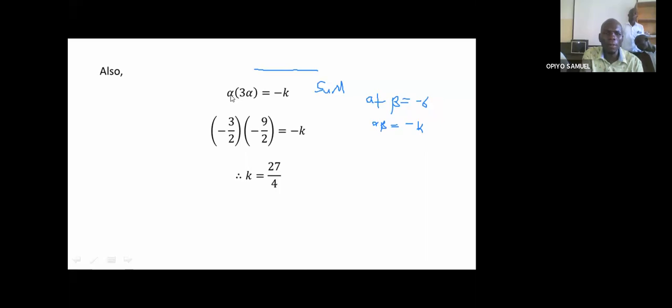We already know that alpha is negative 3 out of 2, and when we multiply by 3, we get this equals negative k. Solving for that, we get k to be 27 out of 4. So that is for part 1.